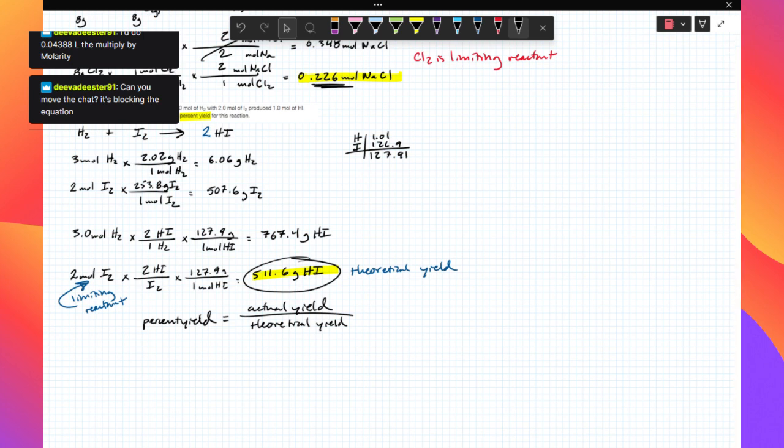So the actual yield was only 1 mole. And we know that each mole of hydrogen iodide is 127.9 grams. So that was our actual yield.